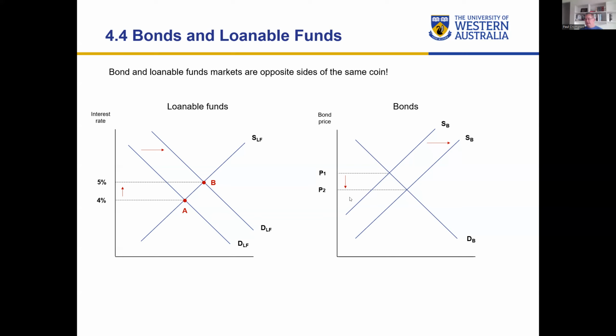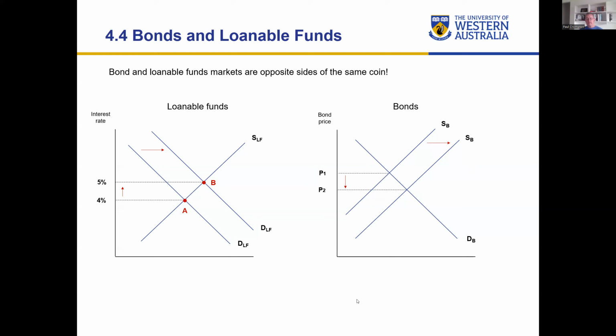So I could have come over here to the bond market, shifted the supply curve to the right, found that bond prices will then fall, and then use the inverse relationship between bond yields and prices to conclude that as bond prices fall, bond yields will rise. So either way, using either of these diagrams, I could quite easily show that an increase in investment spending will lead to higher interest rates in the domestic economy.